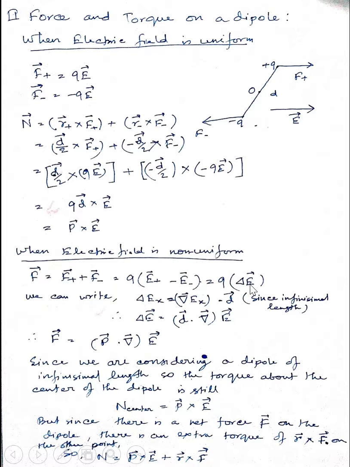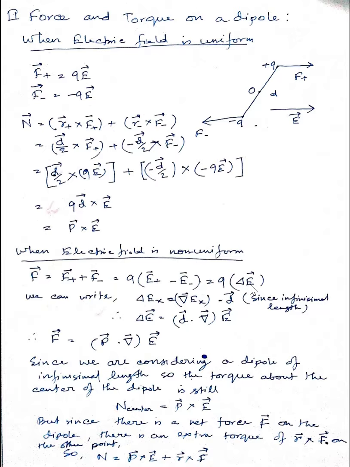Now for delta E, I think I have already done this type of thing in class. If you remember, we have expressed delta potential or dV in a grad form, right?